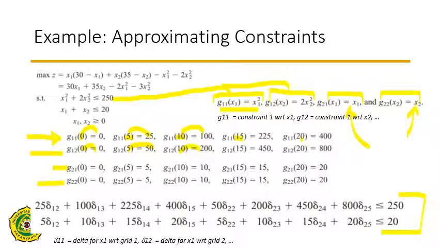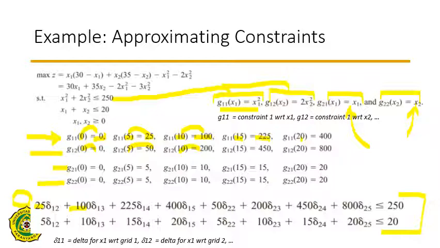Okay, so same as before, 0 times delta becomes 0, so we don't write anything here. And then this 25 times delta 1,2, this 100 times delta 1,3, 225 delta 1,4. So delta 1,4 means it's the coefficient for x1 and grid point 4.